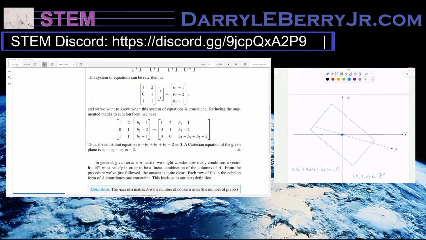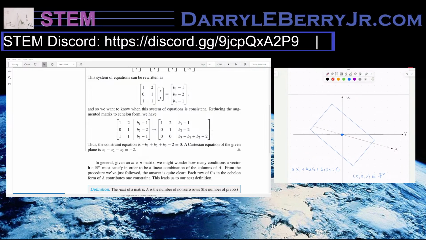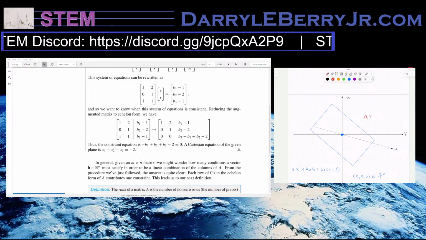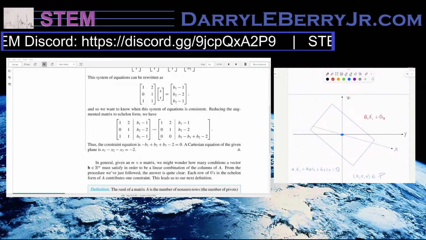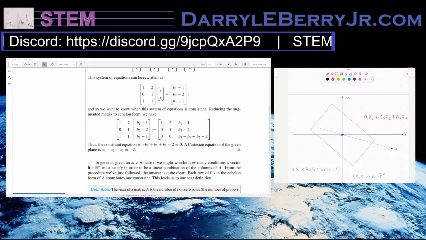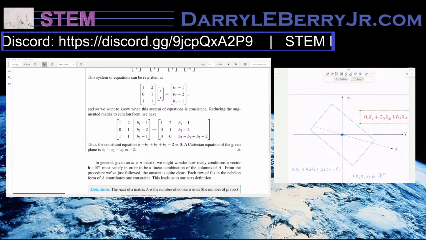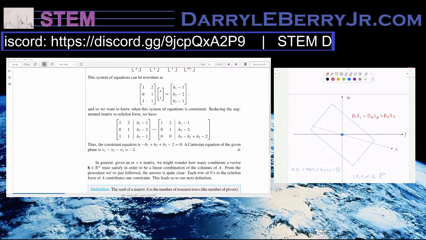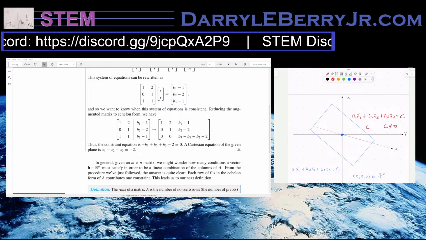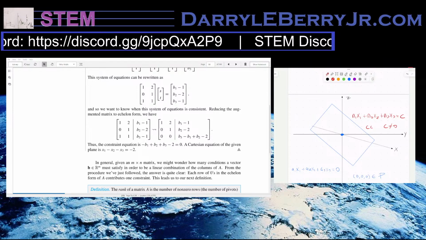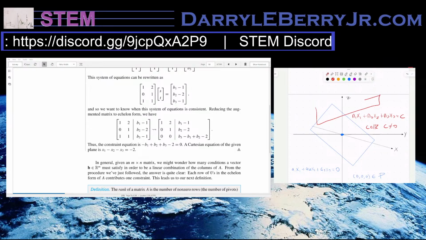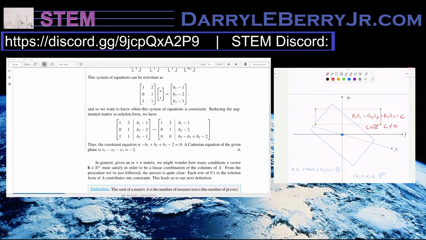But if I have, let's say, n1x1 plus n2x2 plus n3x3 equals c, and c does not equal 0, and c is a real number, what that means is this plane, however it's situated, is not going through the origin.